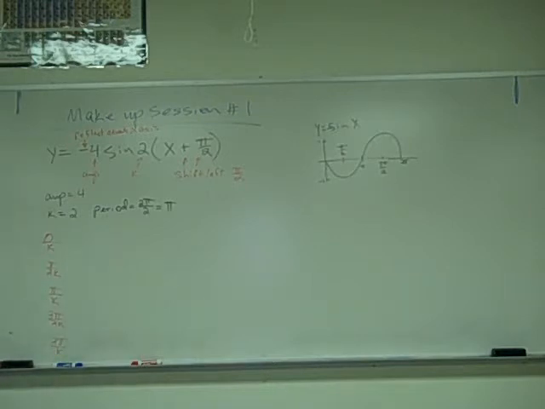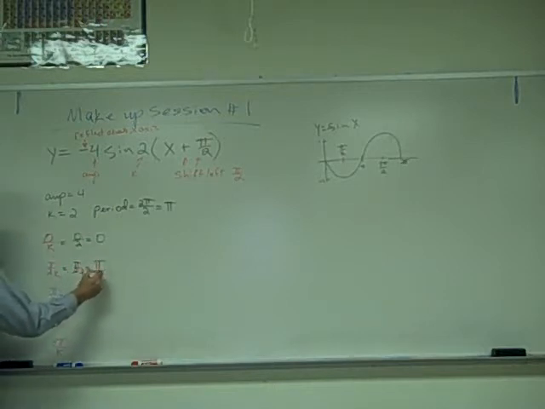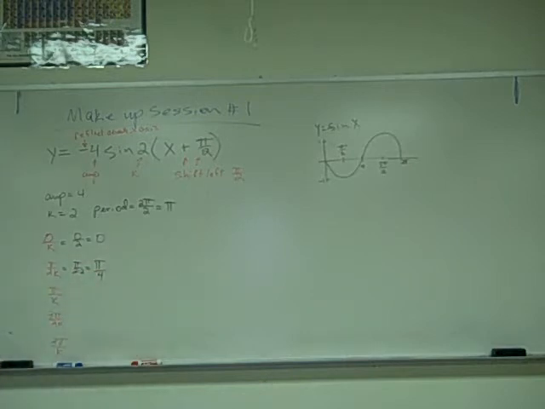And we said that k is equal to 2, right? So therefore 0 over 2 is just 0. And so we have pi over 2 over 2, right? And so now instead of being at pi over 2, now we're at pi over 4, right?